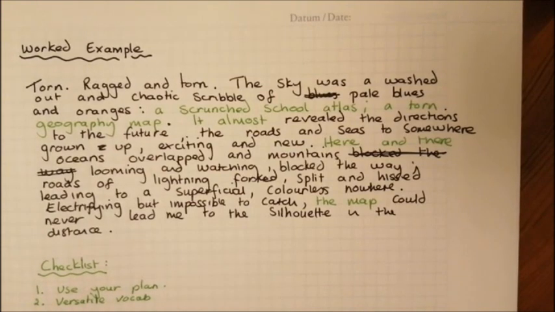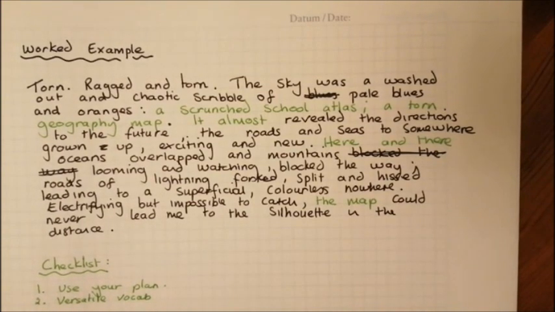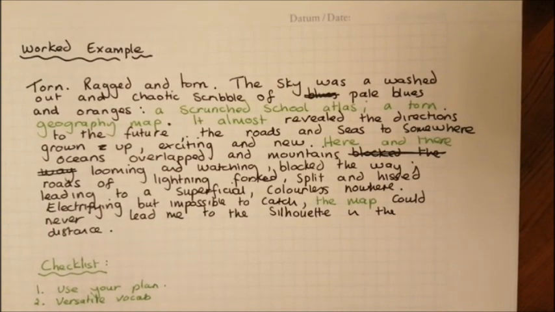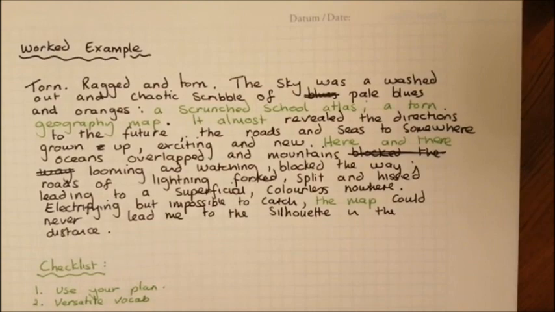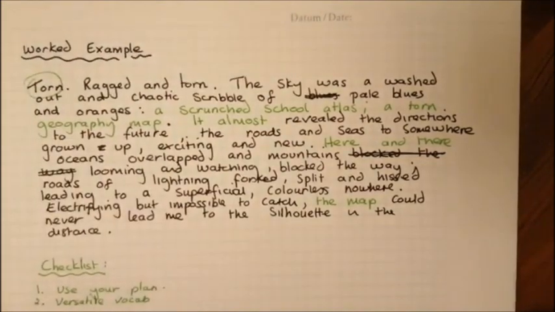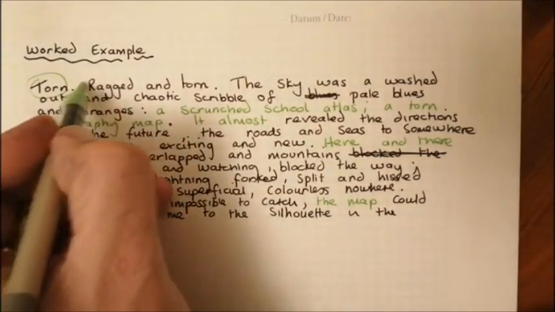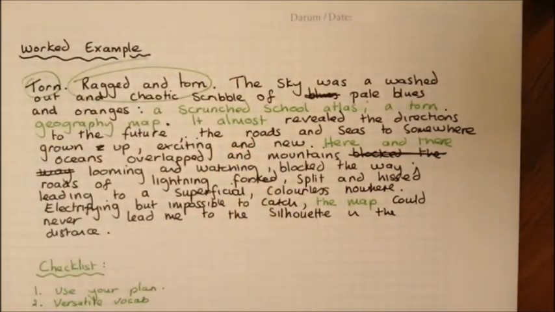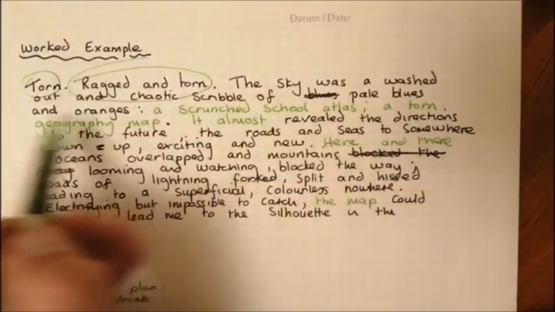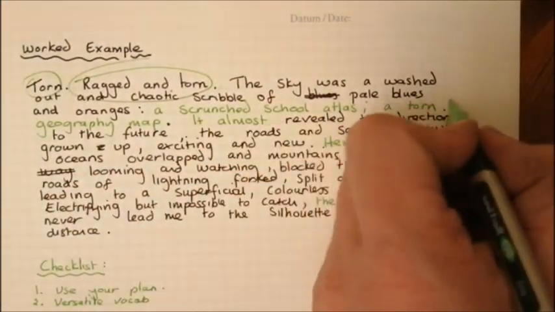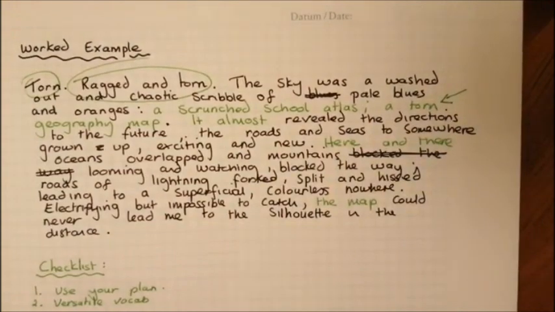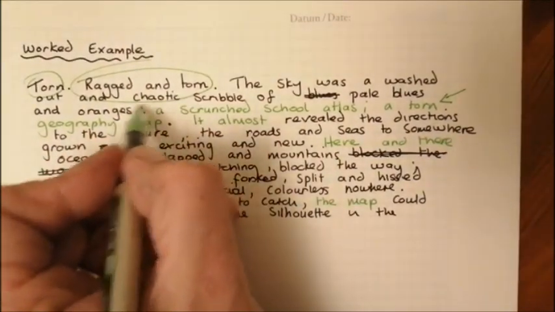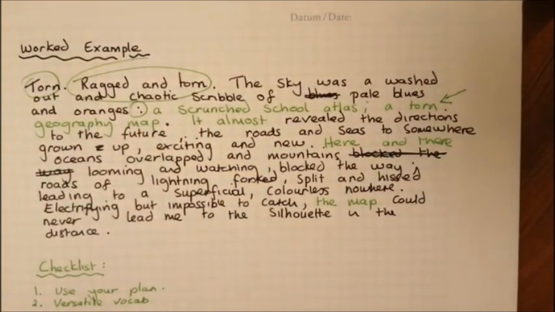Then make sure you use a colon, and then you add your extended metaphor. So this 1-word sentence here, 2-word sentence or 3-word sentence here. Okay, description of the sky, extended metaphor here. Okay, the colon that you use here.